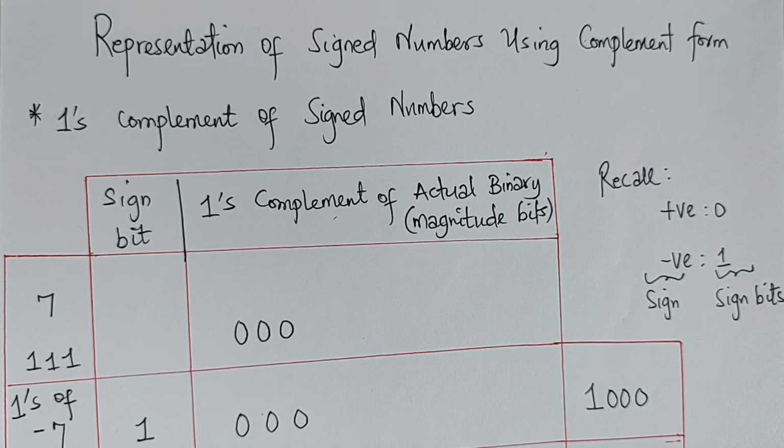So in this video, I want to take you on representation of sign numbers using complement form. Before we get started, let me just say one or two things. In the introduction to this topic, I've already made mention about the representation of sign numbers, which can be in either sign magnitude form or complement form.